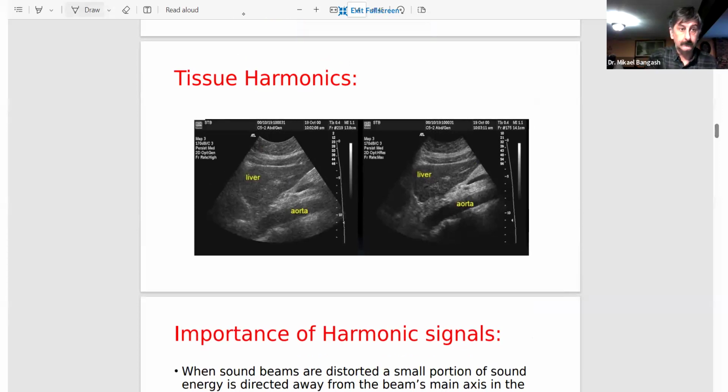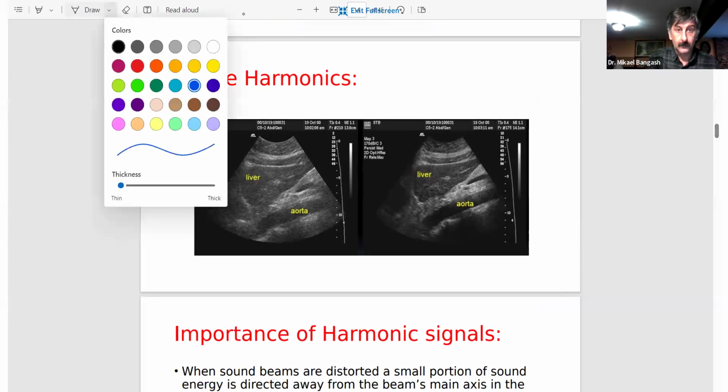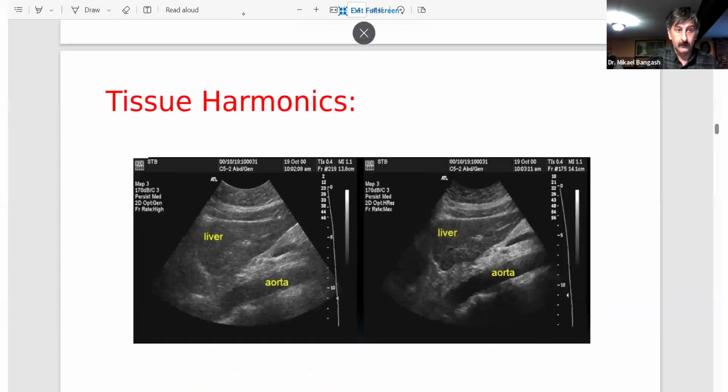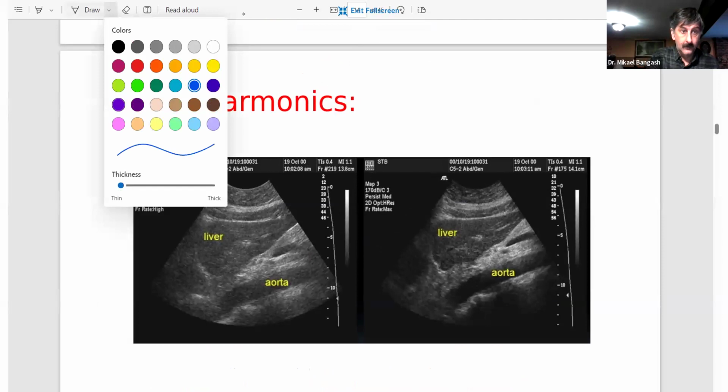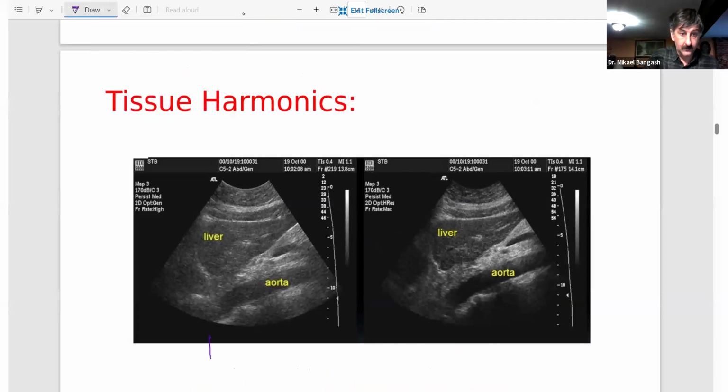But this one here was a fundamental image. No harmonics. Clear. So here we can just mark it out.